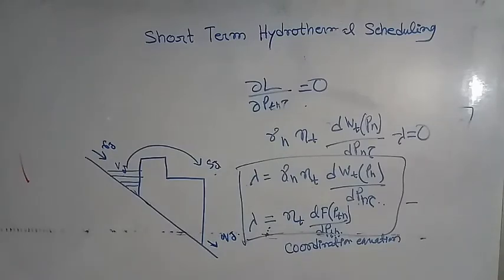PG is the active power generation, QG is the reactive power generation. Next, hourly estimated system load demand. Next, incremental water rate curve for each hydro plant. And last, desired storage water release.